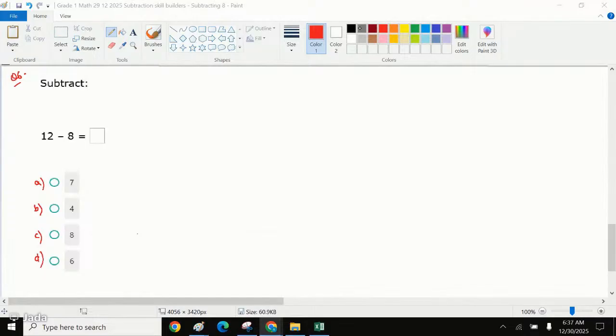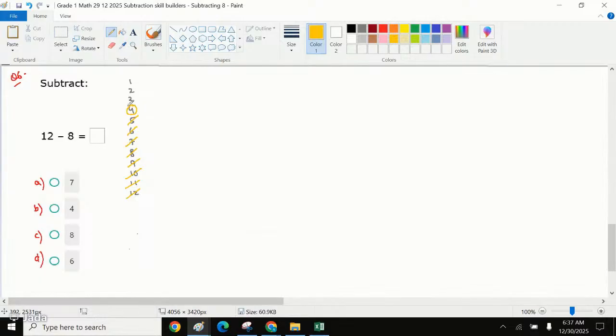The easiest way for a small number is we write down the numbers 1, 2, 3, 4, 5, 6, 7, 8, 9, 10, 11, and 12. We stop at 12 because 12 is a larger number. From these 12, we need to remove 8. 1, 2, 3, 4, 5, 6, 7, and 8.